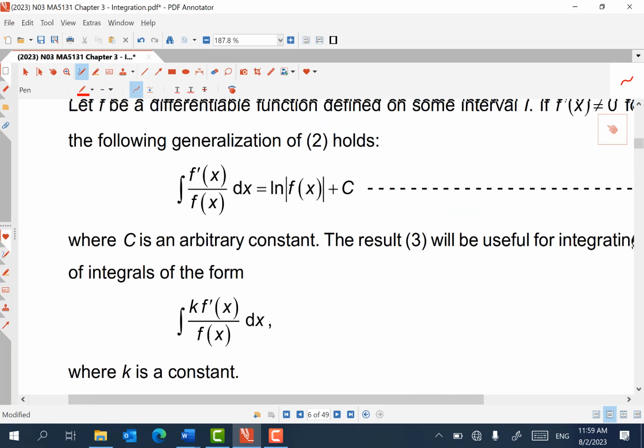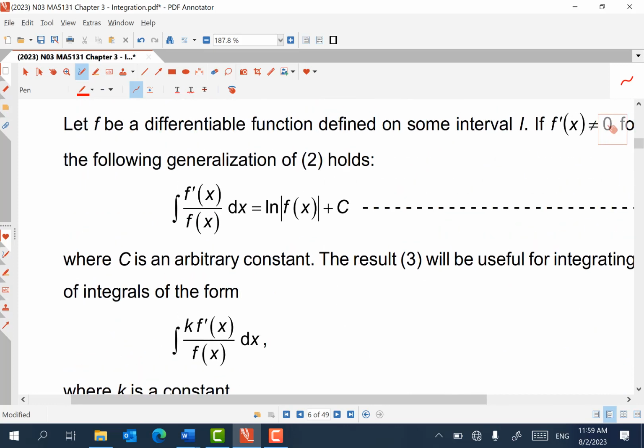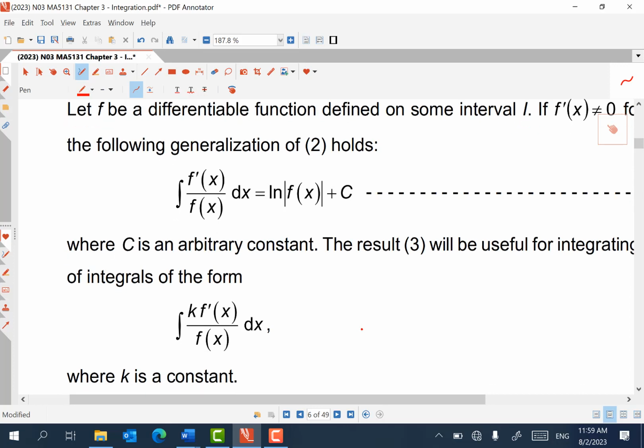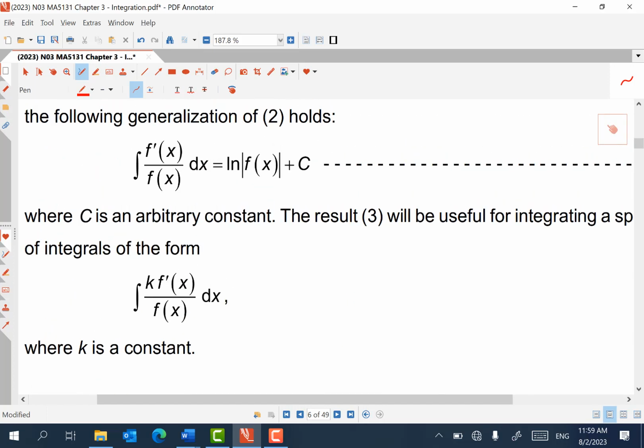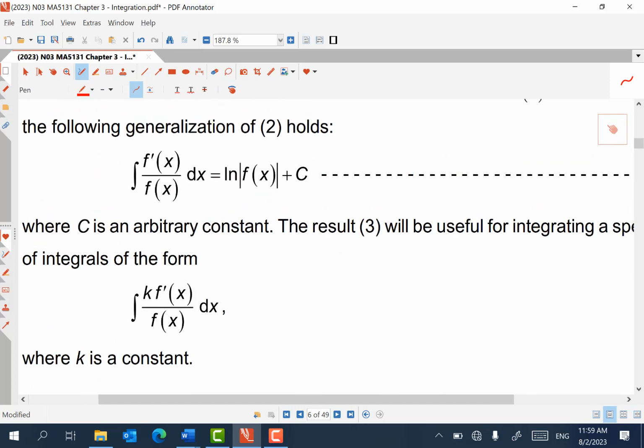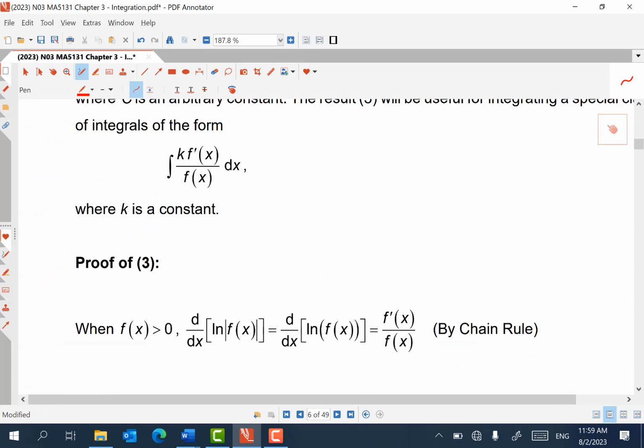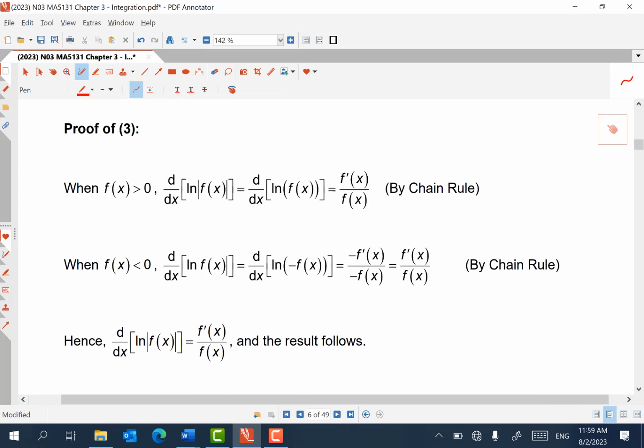Okay. This formula was discussed before. And what happened on this page? It gives you the justifications. It tells you whether it's plus or minus for f(x). It will in the end turn out to be just ln of the modulus of f(x), and the proof is provided here. It shows you both cases.